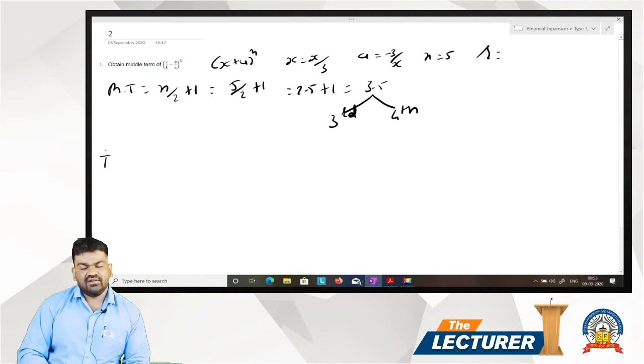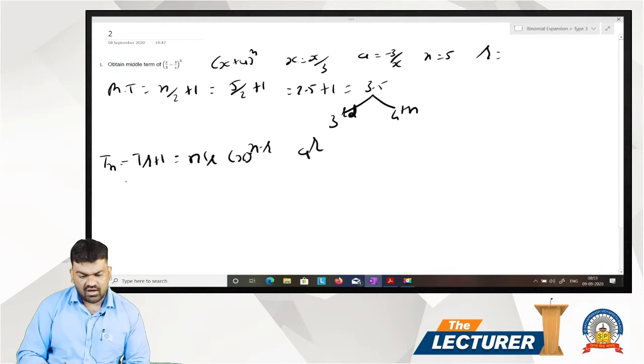First of all, find T3. What is Tn? Tn is equal to Tr plus 1 NCR x raised to n minus r a raised to r. First of all, T3, that is T2 plus 1, r is equal to 2, 5c2.